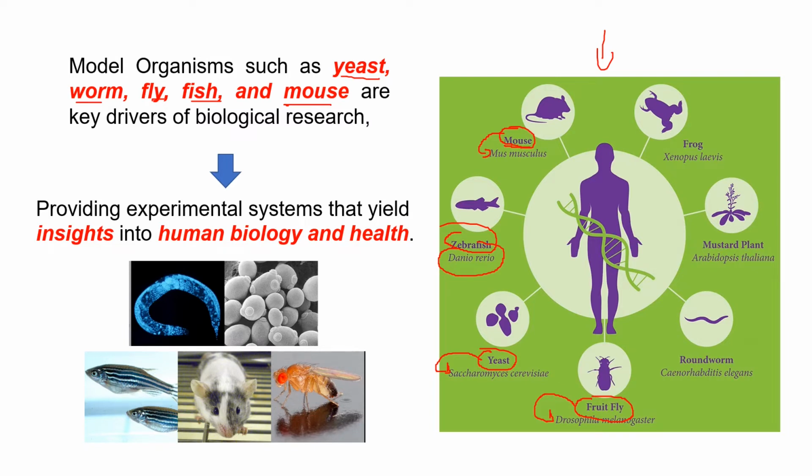They are good to study because they provide experimental systems that yield insight into human biology and health, because they can breed fast, they are small, so you can have them in the lab, and they have been studied in a lot of detail. For example, we have the genome, all the genes of the fruit flies. They have been sequenced for all these organisms. We also know all the proteins that they have.